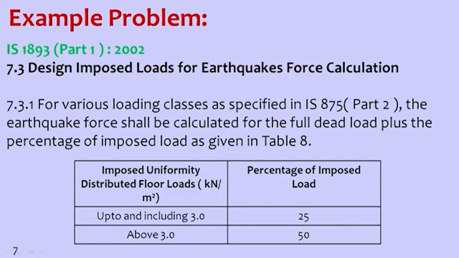Table 8 summarizes that if the imposed load is uniform in nature and the intensity is less than or equal to 3 kilonewton per meter square, we have to consider 25% of the imposed load. For imposed load with intensity more than 3 kilonewton per meter square, we have to consider 50% of the imposed load for seismic mass calculation.